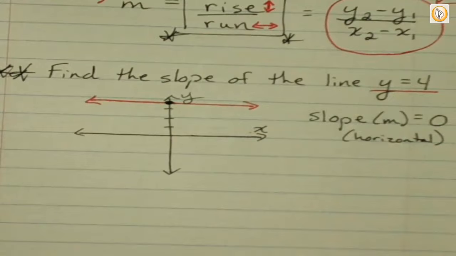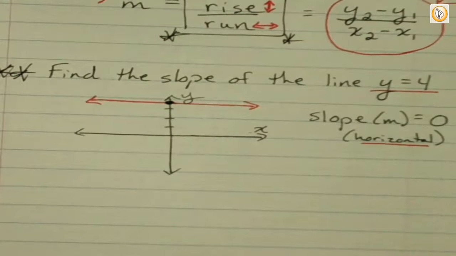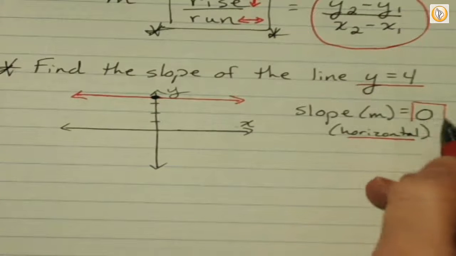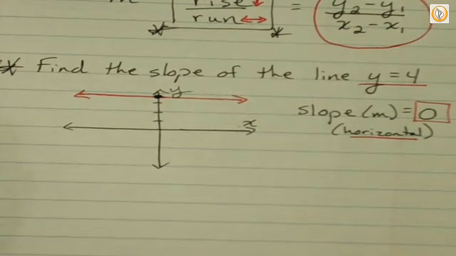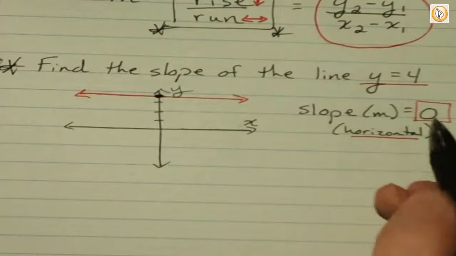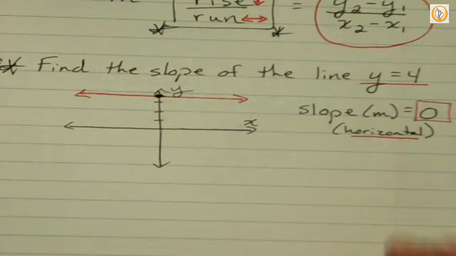So if it's y equals 4, which means it's a horizontal graph, your slope is 0. I'm boxing it. Whenever it's horizontal or vertical, is that important information? Do we need to put it in the answer? No. Here's your answer right here. I boxed in the answer.